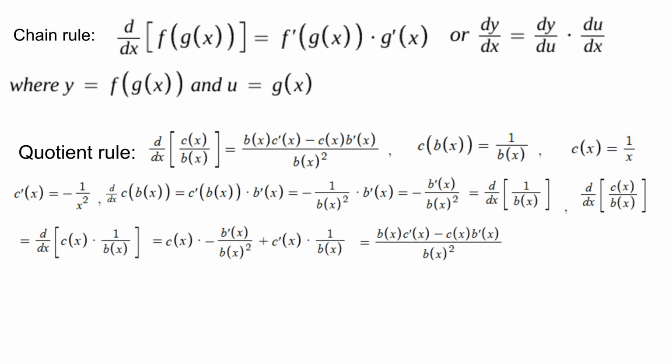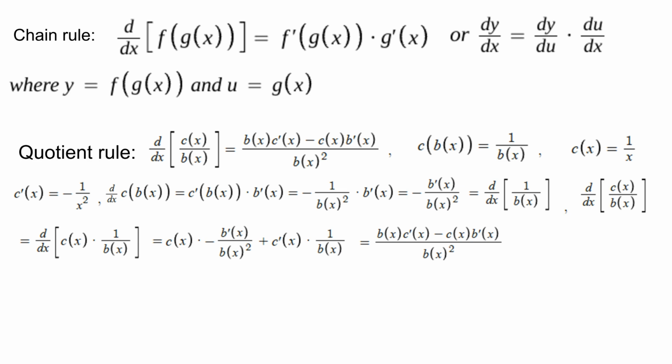Referring back to the chain rule, we can see that it equals negative 1 over b of x squared multiplied by b prime of x, which then equals negative b prime of x over b of x squared, which would also equal d over dx of 1 over b of x.